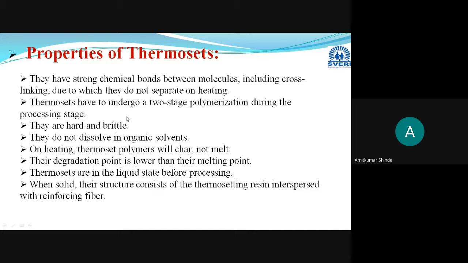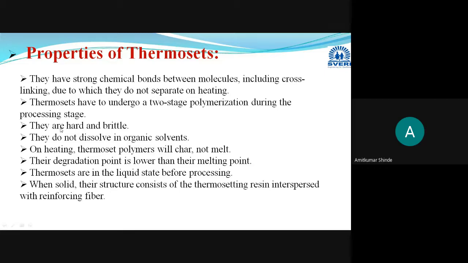Then thermosets have to go through a polymerization process during the processing stage. Two-stage polymerization. During processing, thermoplastics do not require any polymerization. But here in this thermosetting material, they require a polymerization process.